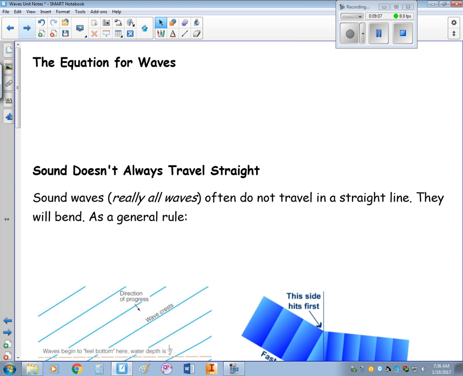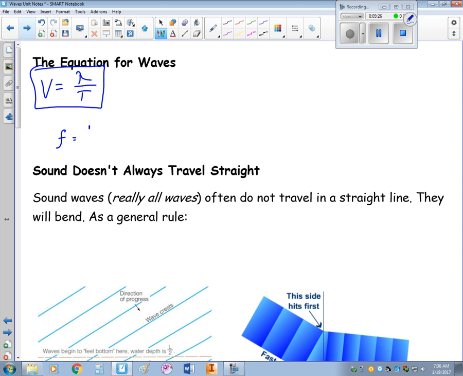All right, so I've touched upon some of the math. So let's put this into a more formal perspective here. The velocity for a wave will be its wavelength divided by its period. However, remember that frequency equals 1 divided by the period, and frequency is how many wavelengths pass a point per second.